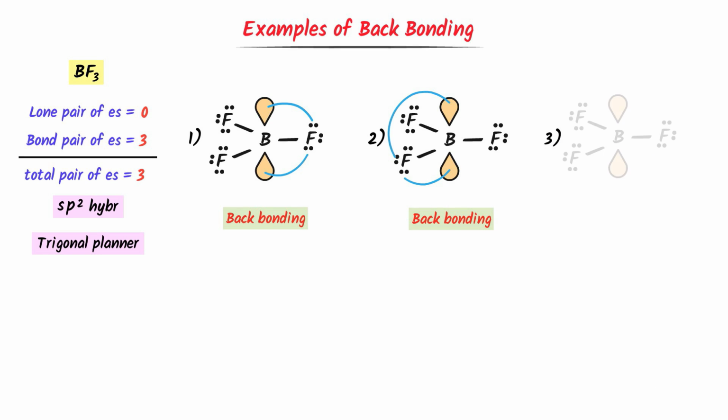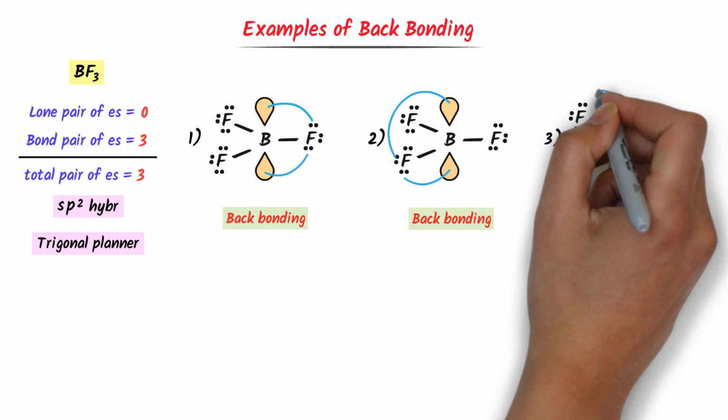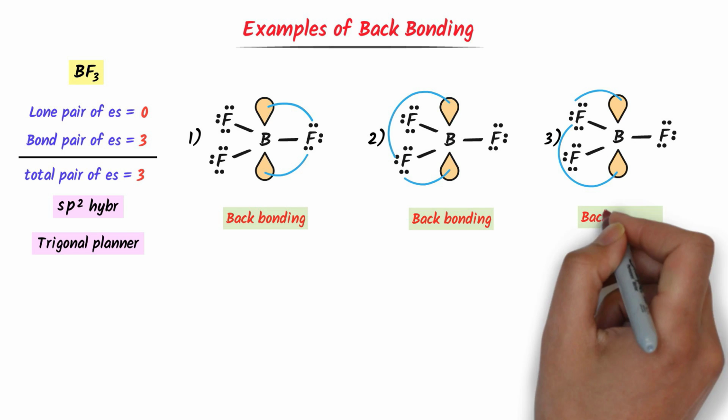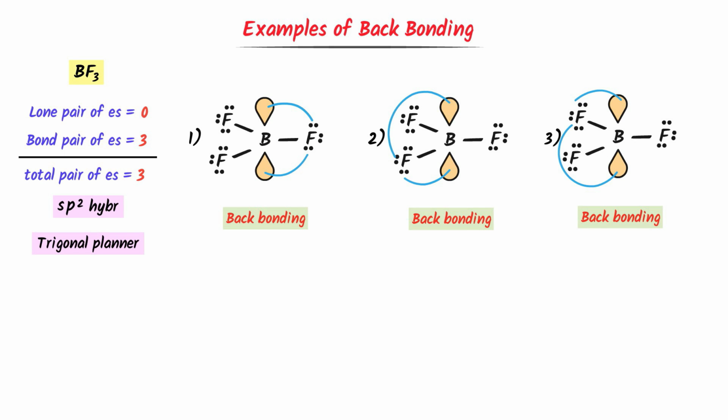Also consider this structure of BF3. Now there is another possibility. We can see that this third fluorine has a lone pair of electrons, while boron has an empty orbital. There is a possibility that this fluorine can transfer its lone pair of electrons to the empty orbital of boron. As a result of this transfer, back bonding is formed.